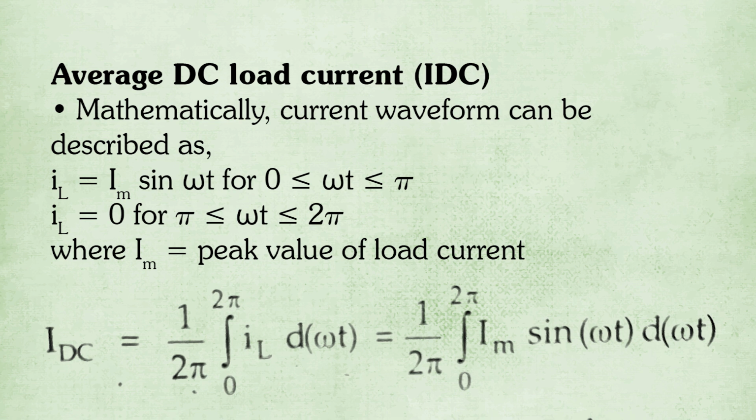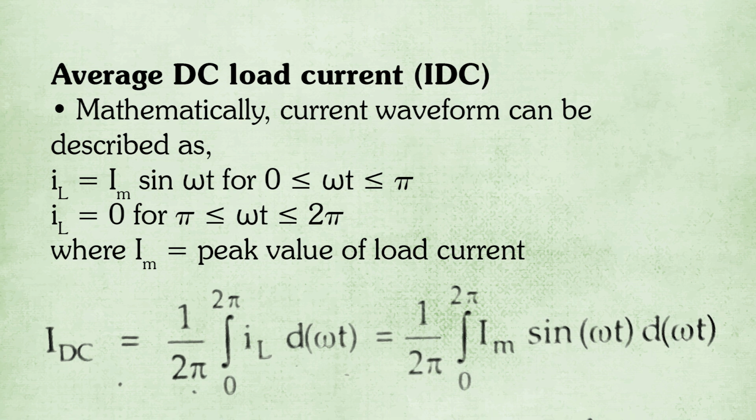Here the current IL is equal to Im sin omega t. Now, for the duration pi to 2 pi, when the diode is under reverse bias condition, it is acting as an open circuit. So, at that time no load current will flow. So, the value of IL will be 0. Here Im represents the peak value of load current.